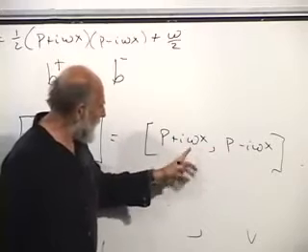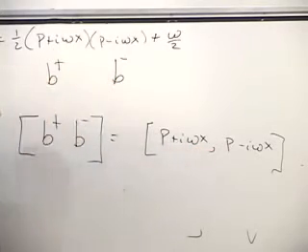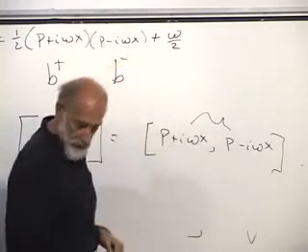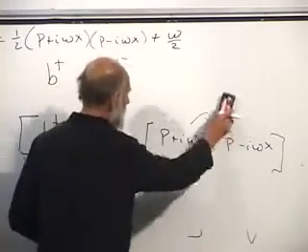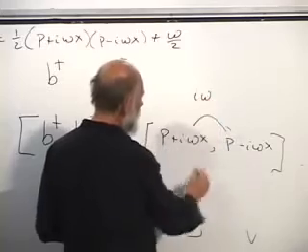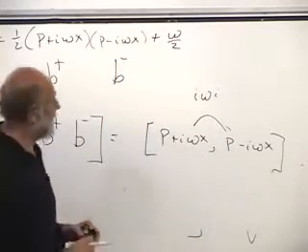What about the commutator of i omega x with p? Well, the commutator of x with p is i, right? So the commutator of these two will give us i omega times another i. In other words, minus omega.